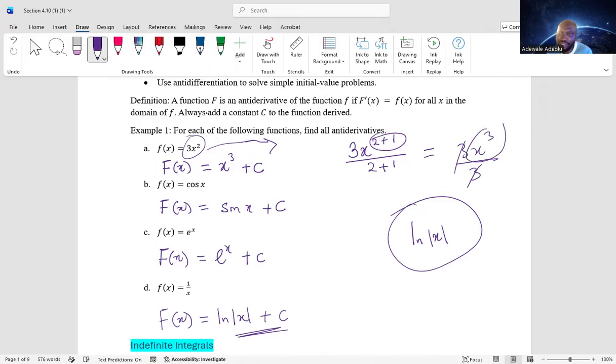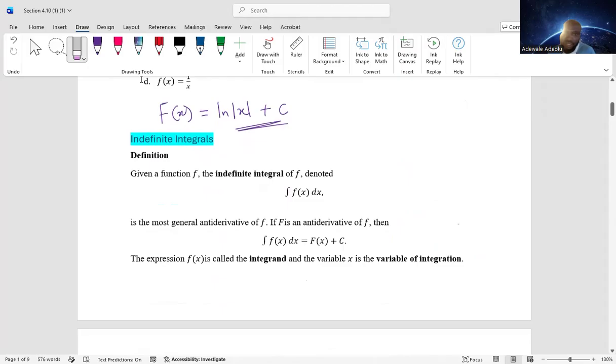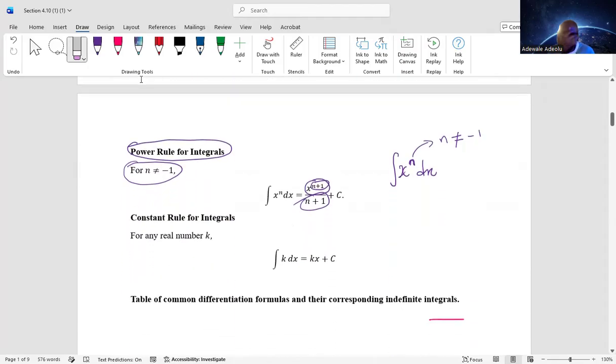This can cancel this, then you have x raised to power 3. That was what you were doing internally. So we just made it a rule. We call it the power rule, which says just add 1 to the power, then divide everything by that new power. And like we said, you need to add C, the constant of integration.